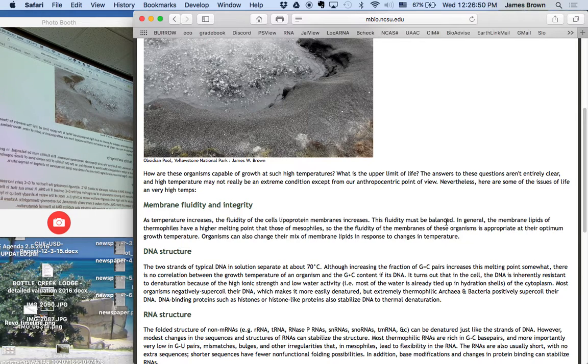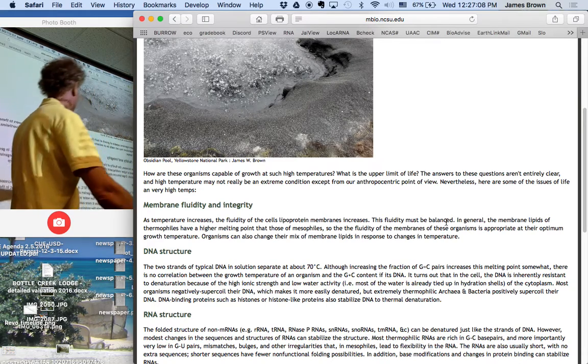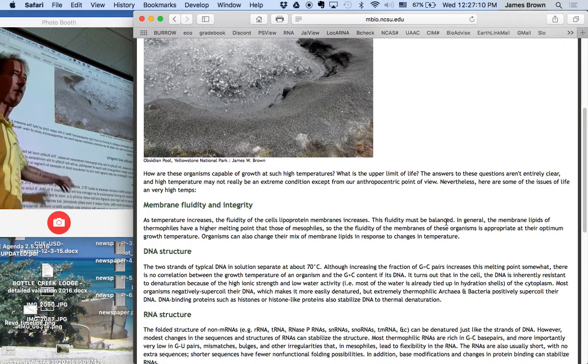And so these organisms don't negatively supercoil their DNA as much. And in fact, some thermophiles have a reverse gyrase that positively supercoils, cranks the helices tighter to make them more resistant to denaturation. This turns out then to be easy. By taking these sorts of measures, you can crank the DNA melting temperature up well beyond 100 degrees.